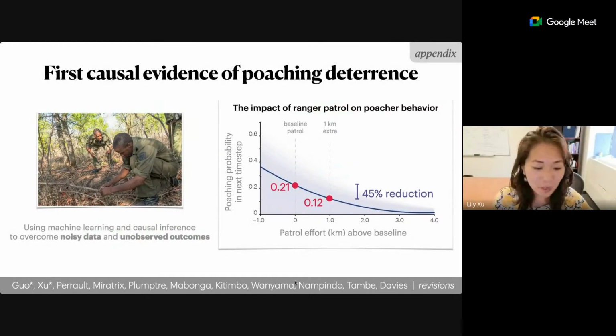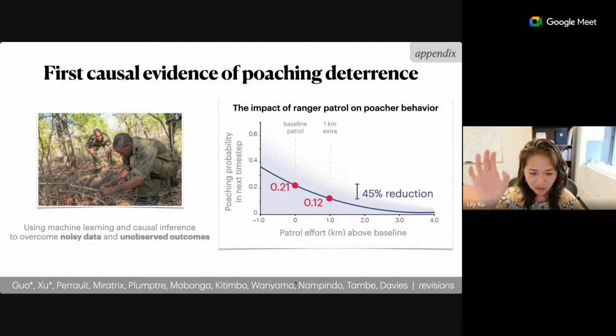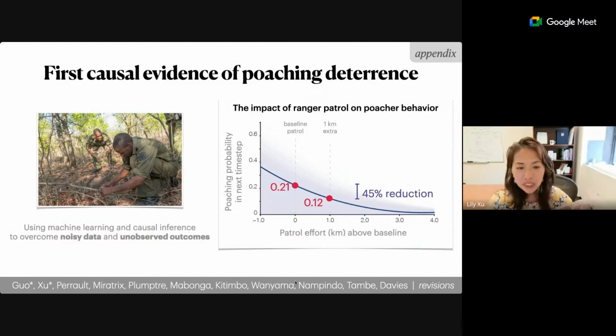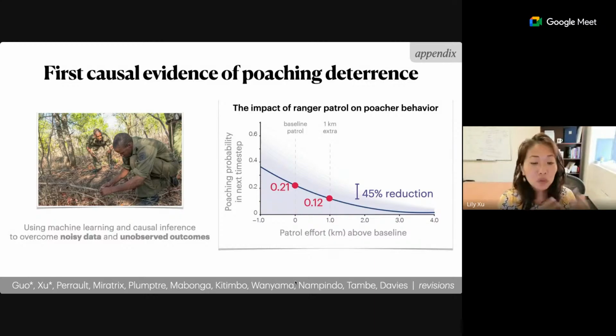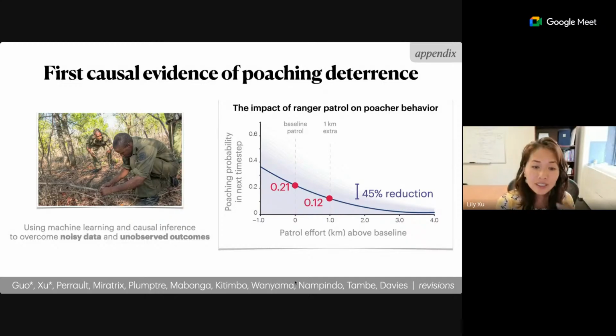So in our paper, which is currently under revision, we apply machine learning with causal inference to overcome noisy data and unobserved outcomes. What we do is leverage a previous field test that we implemented in Murchison Falls National Park, where we had rangers do the same thing as in Cambodia, patrolling a random series of high risk, medium risk, and low risk areas. That 5-month field test actually changed ranger patrol patterns because we had them patrol areas that were infrequently patrolled in the past.